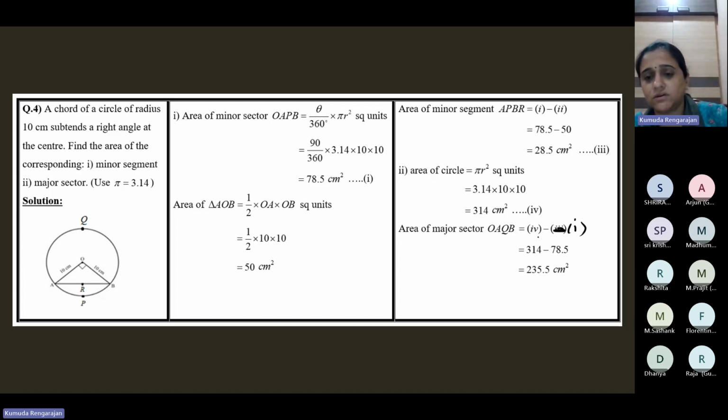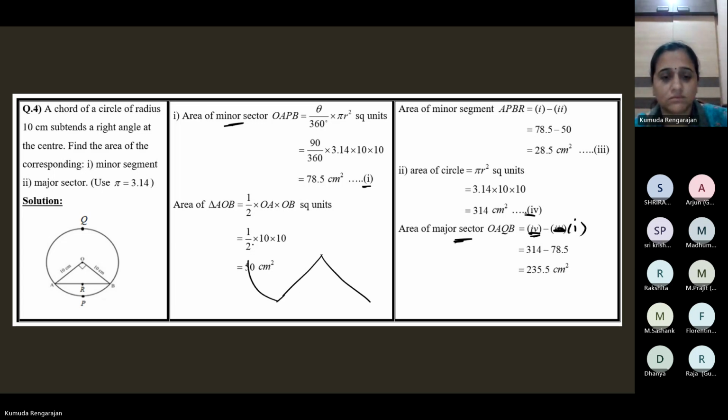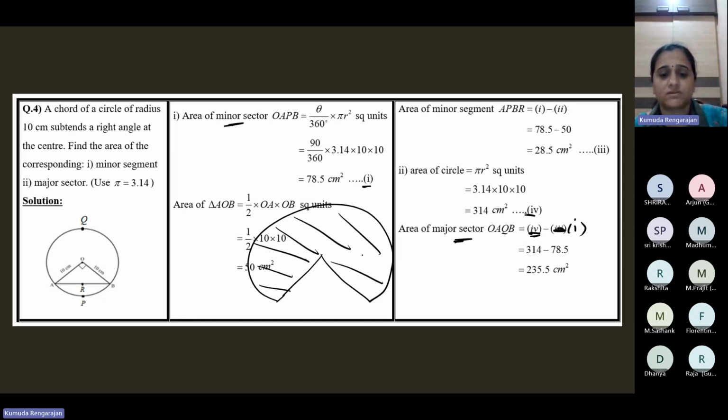So this is the area of the circle, 4 is the area of the circle, and 1 is the area of the minor sector. The difference will give you the area of the major sector. I tell you again, this one is the major sector.